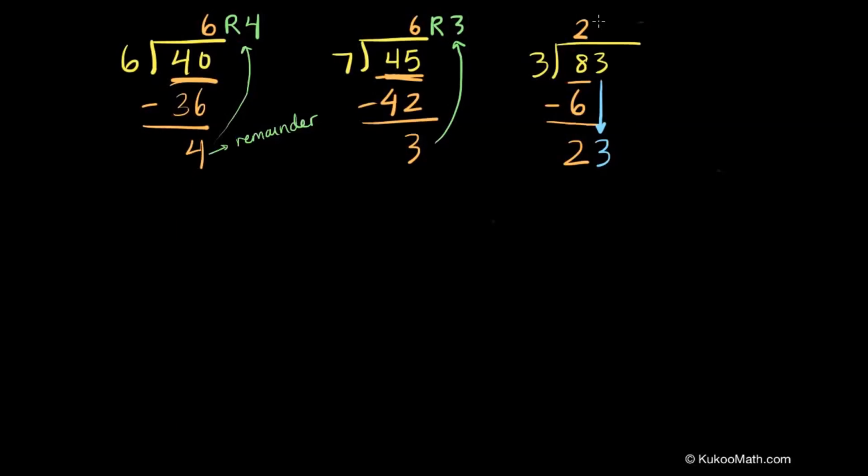So let's write 7 on top, and then multiply. 3 times 7 is 21, and we subtract again. 23 minus 21 is equal to 2. Now we can't put 3 into 2 anymore, and we don't have any more digits to bring down. So 2 is our remainder. And our answer is 27, remainder 2.